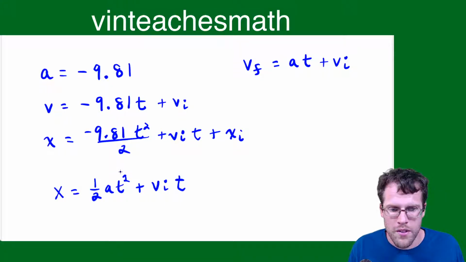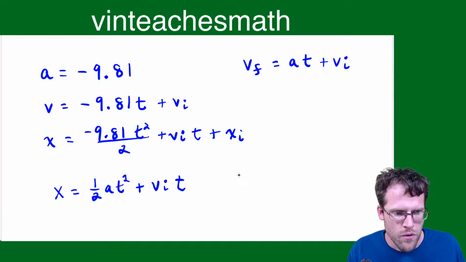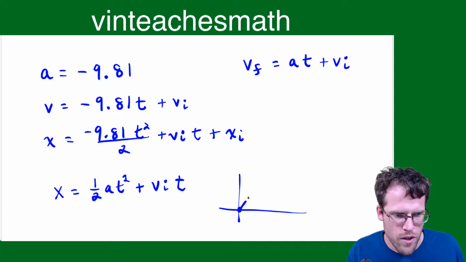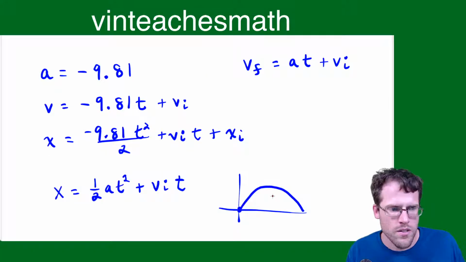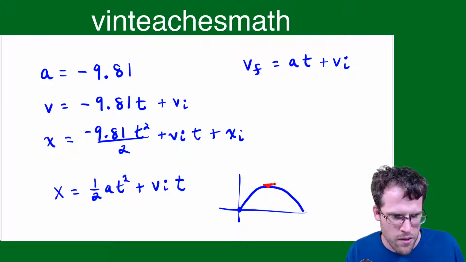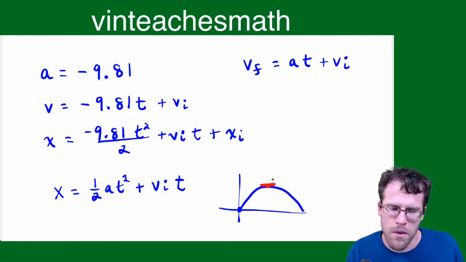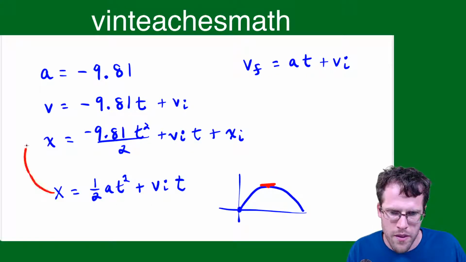Now, you may recognize this as a quadratic shape. For those projectile questions, we use quadratics to model the situation where an object is in motion. But if you want to think about the calculus behind it, an object reaches maximum height when the slope is equal to 0. The slope of position is velocity.